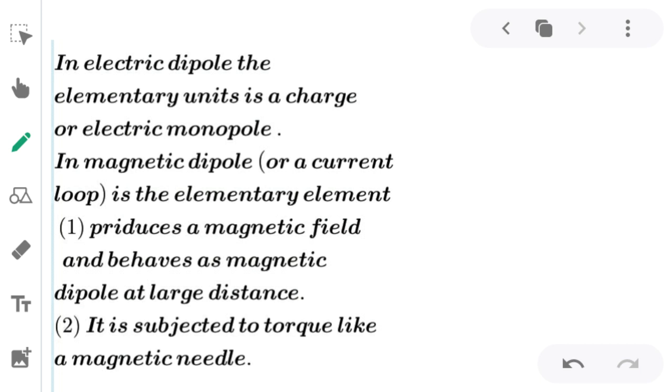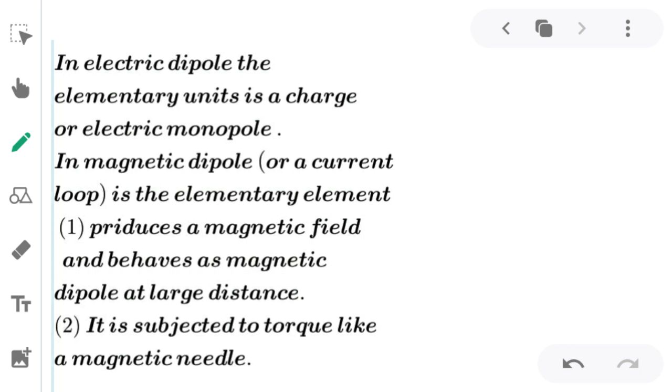So what are the similarities here? In electrostatics, electric charge is taken as the elementary unit, and it is a monopole. That means it can be a positive charge or a negative charge, or if we are taking a dipole, it will be positive and negative charge both. Here in the magnetic dipole, there are two polarities, north pole and south pole.